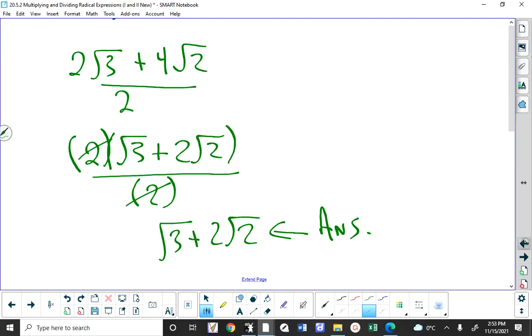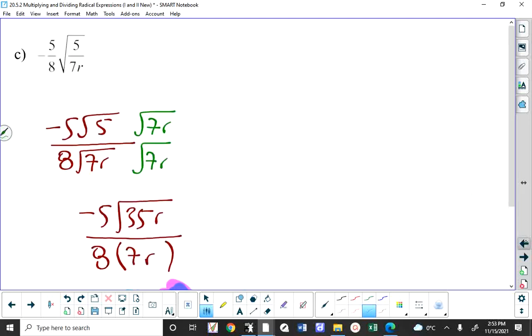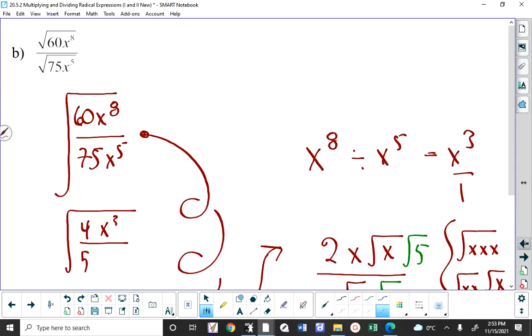Briefly, I realized that I didn't talk about variables. Here, r would have to be greater than 0. It can't be negative because you can't take the square root of a negative, and it can't be 0 because you're dividing by the root of that. X must be greater than 0.